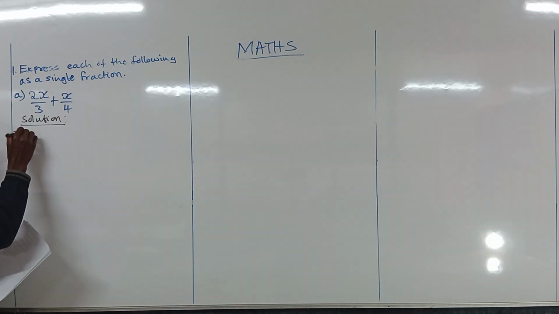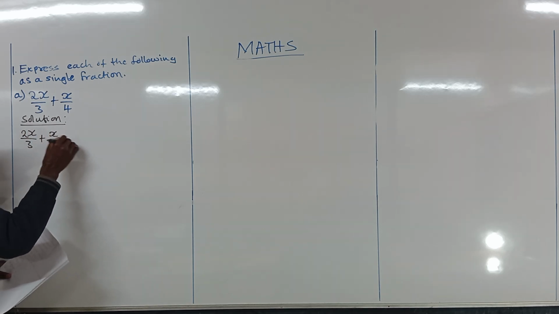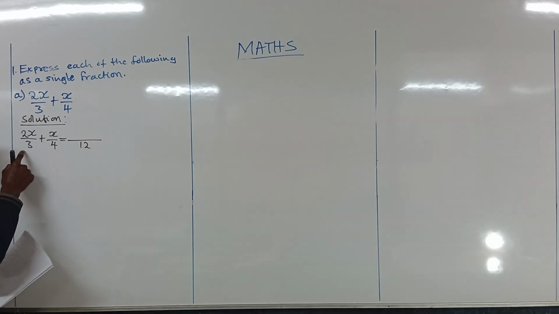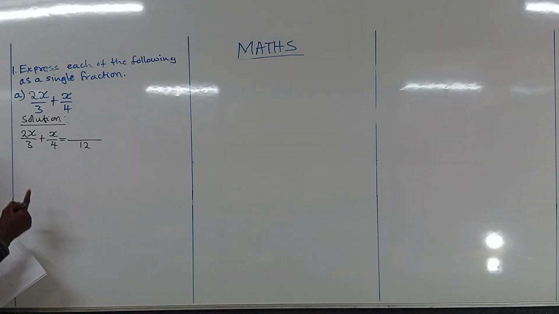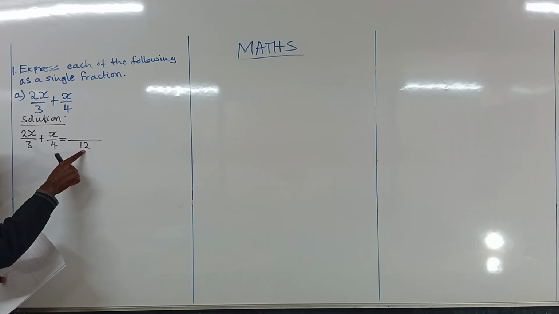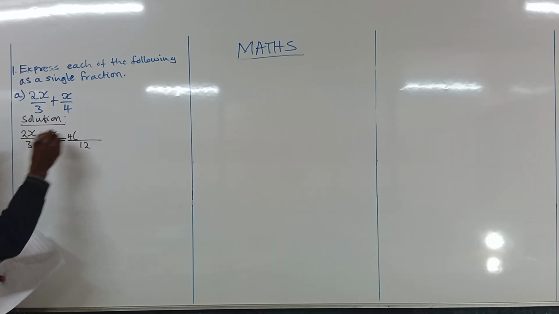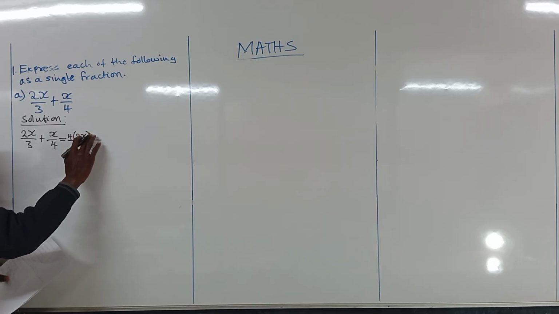So we are going to equate 2x out of 3 plus x out of 4 with our LCM, which is 12. From there, we are going to do the division and multiplication of the numerator. So 3 divides 12 4 times. So 4 into 2x, that is the first term, plus.